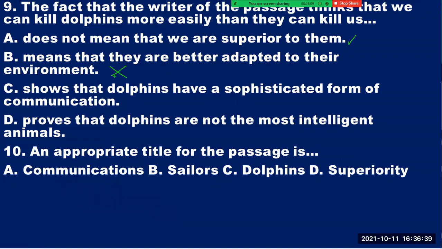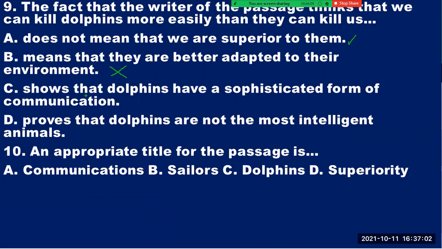So always make sure that when you read a particular option, you check it with the information you have received from the passage. If it is contrary, absolutely opposite to the information you have in the passage, what do you do? You eliminate it with the elimination method.